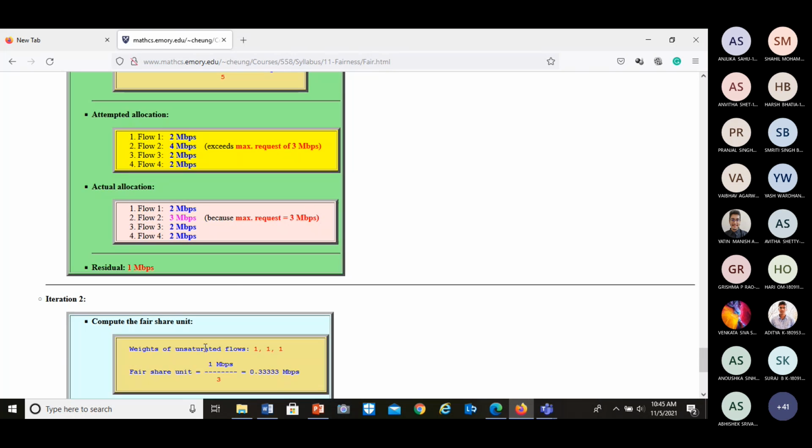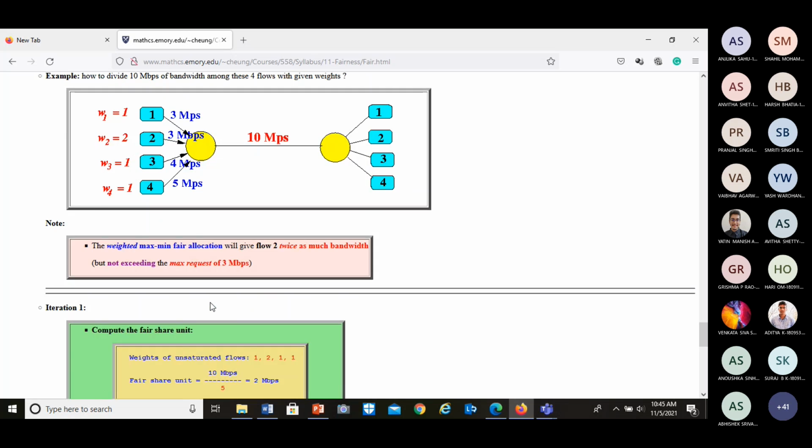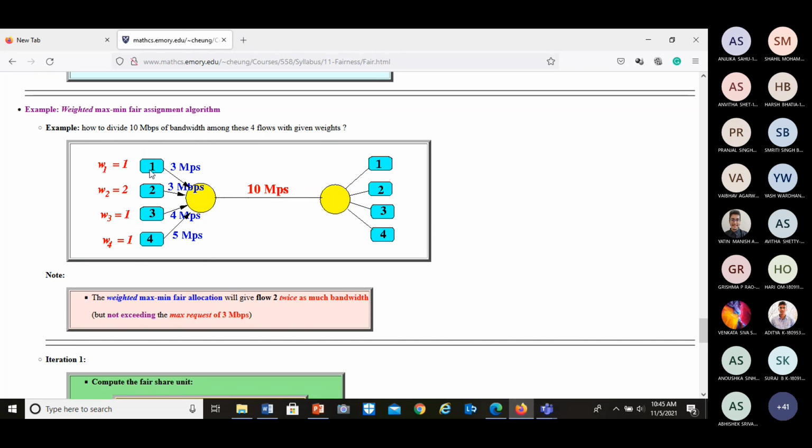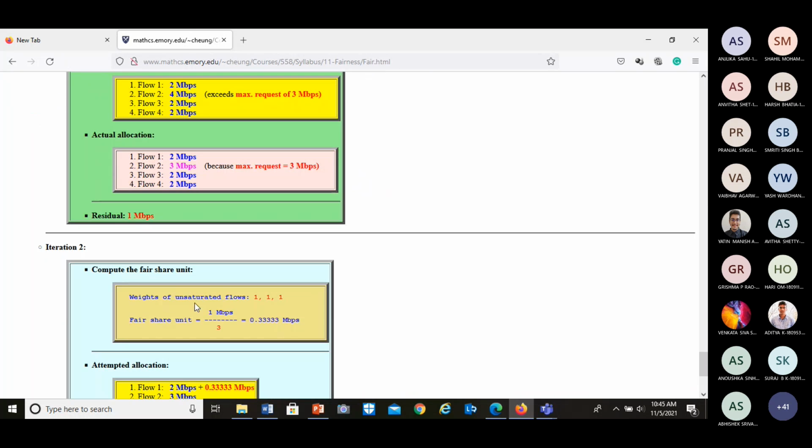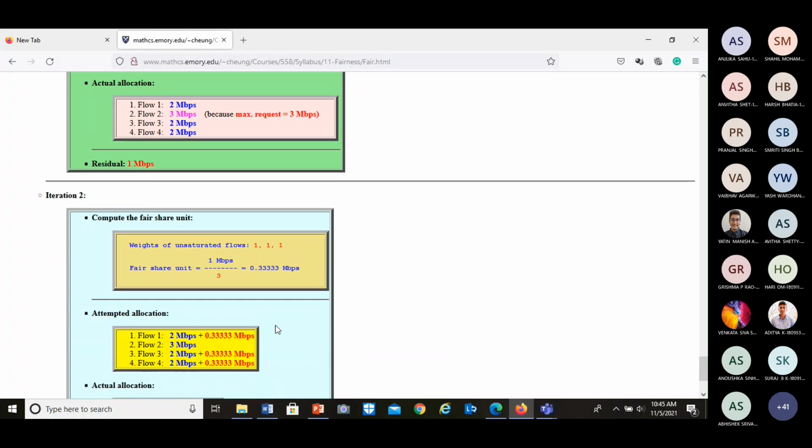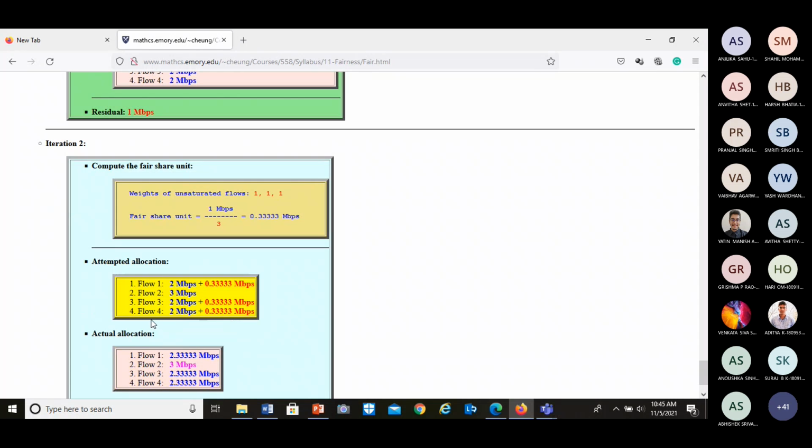Once again you divide this 1 mbps, and it should be shared among the other three users, 1, 3 and 4. What is the total weight? 1, 1, 1, so you divide by 3. So 1 mbps by 3 gives 0.333. Then you equally distribute that 0.33 among all the other three users.